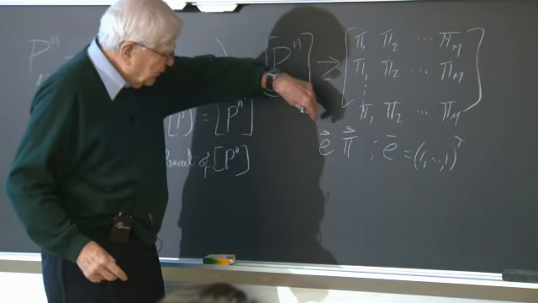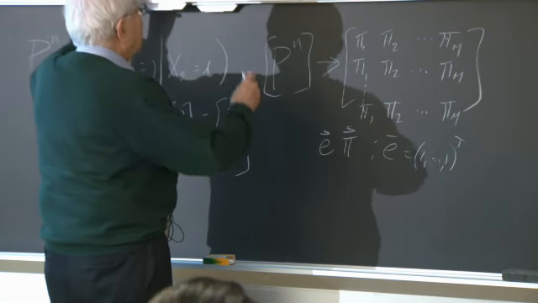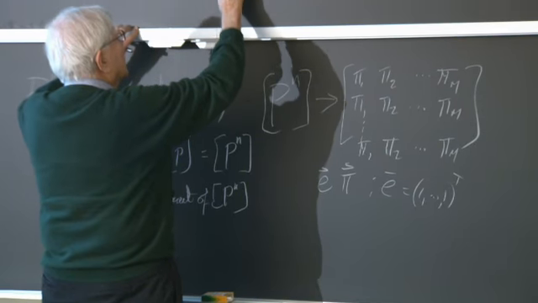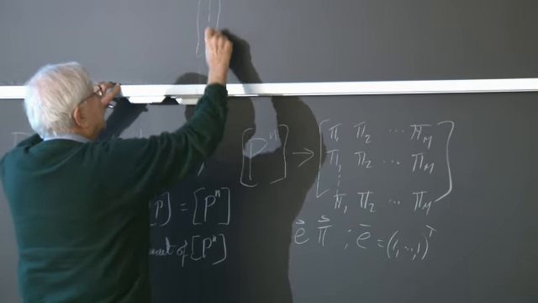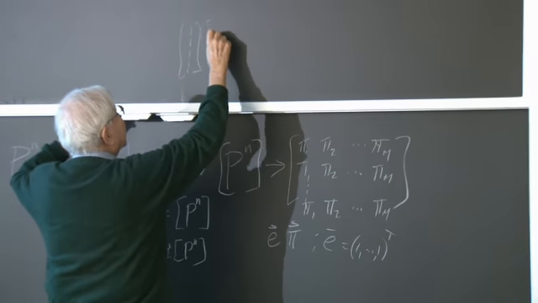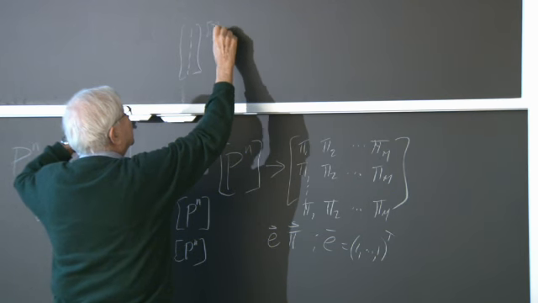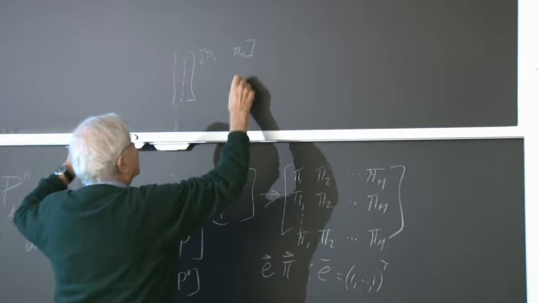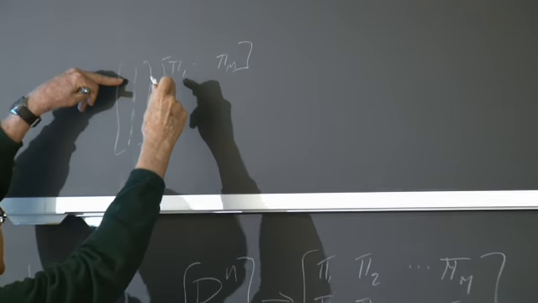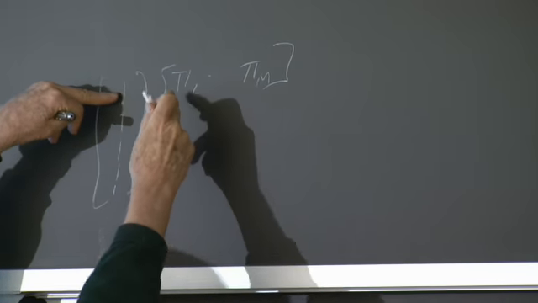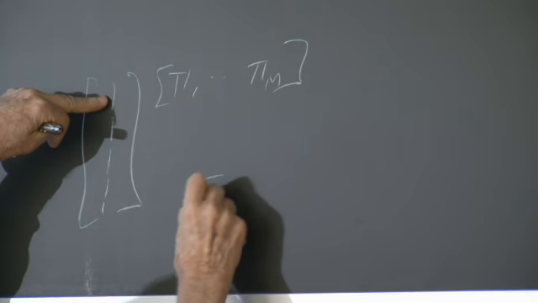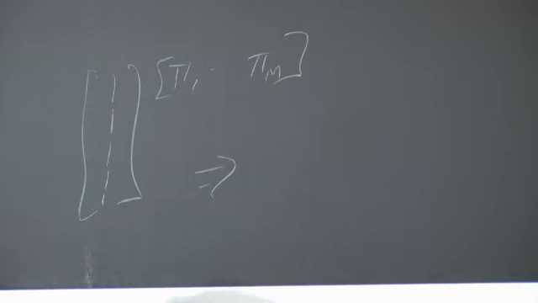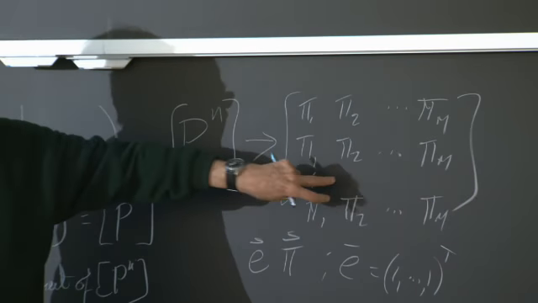In other words, if you take a column matrix, 1, 1, 1, 1, 1, and you multiply this by a row vector pi 1 through pi sub m, what you get, if you multiply this out, is this matrix.